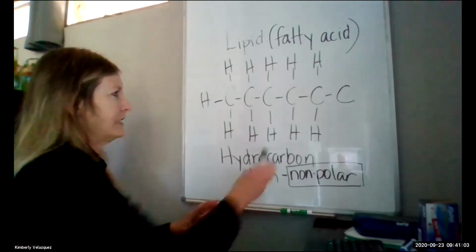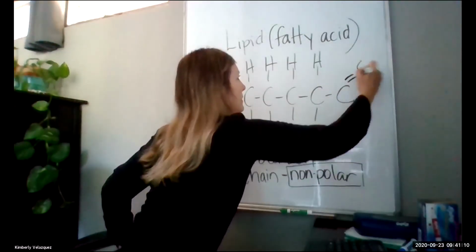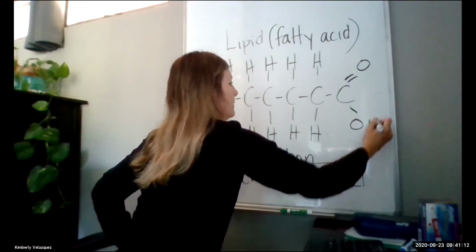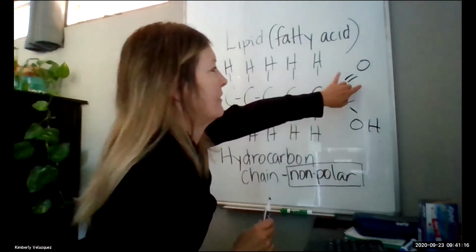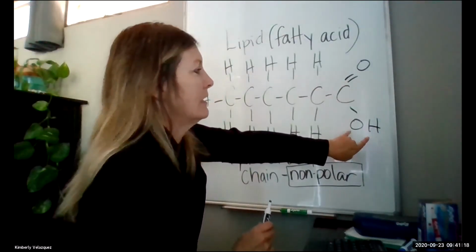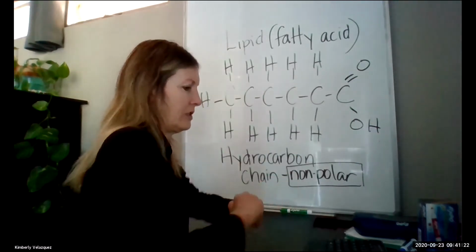The other difference is at the terminus of this molecule: rather than having a carbonyl group, it's going to have a carboxyl group. And remember, a carboxyl group is kind of a combination of carbonyl and hydroxyl. So you have an OH here and a carbon double bonded to an oxygen.